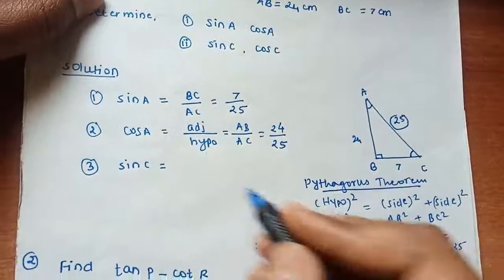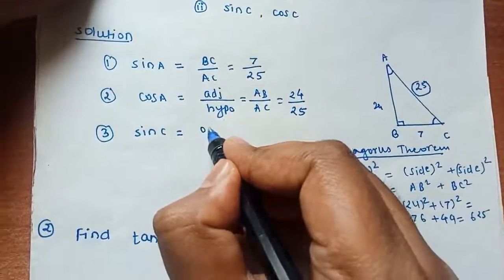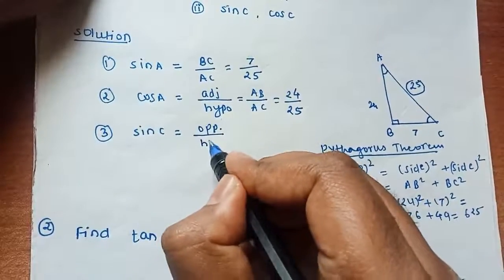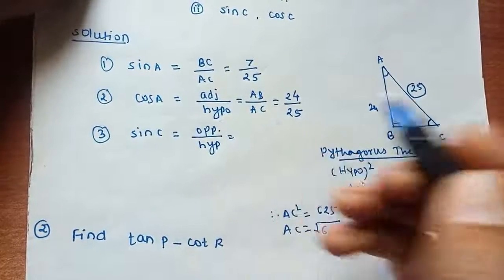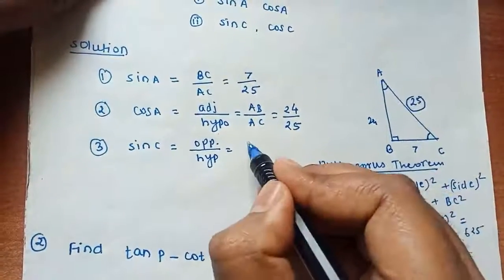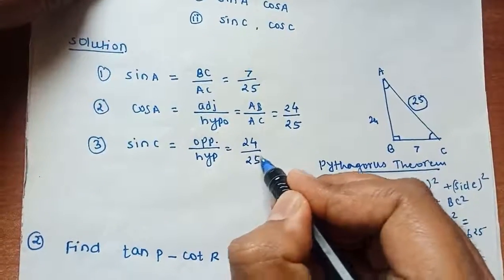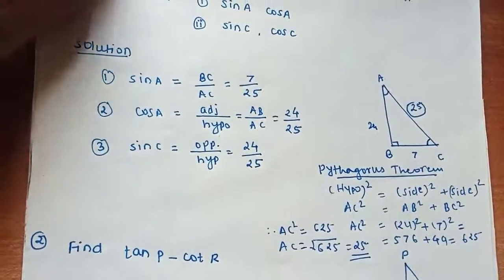So now sine C is the opposite side upon hypotenuse. The opposite side is 24 and hypotenuse is 25, so sine C is 24 by 25.